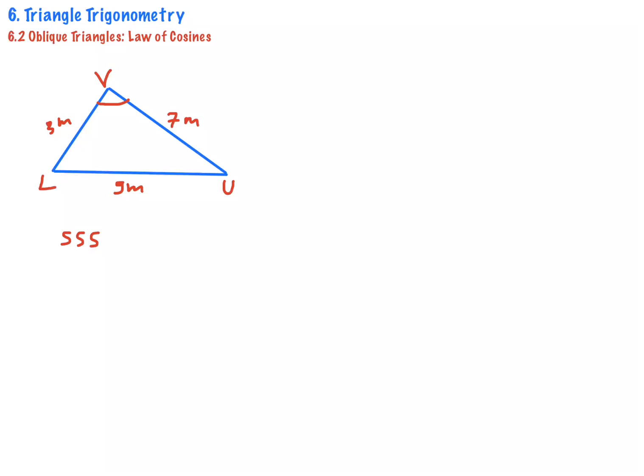Now if we are told to find V, then we can just write it as V square equal to L square plus U square minus 2 times L times U times cos of V. Okay, so let's put everything in.